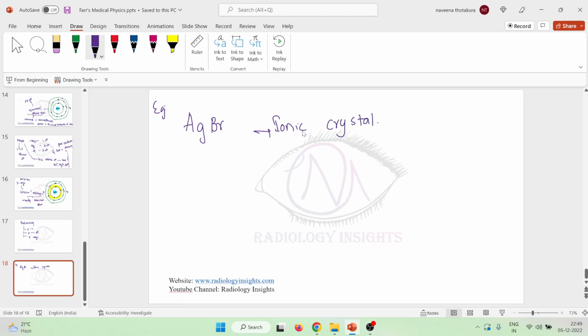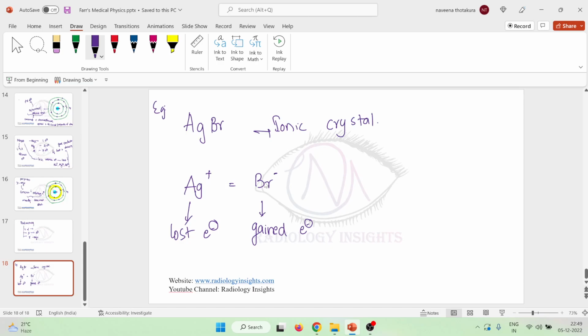Because it contains an equal number of positive silver ions, Ag+, and negative bromide ions, Br-. Here silver lost an electron to become Ag+, whereas bromine gained an electron and became Br-.